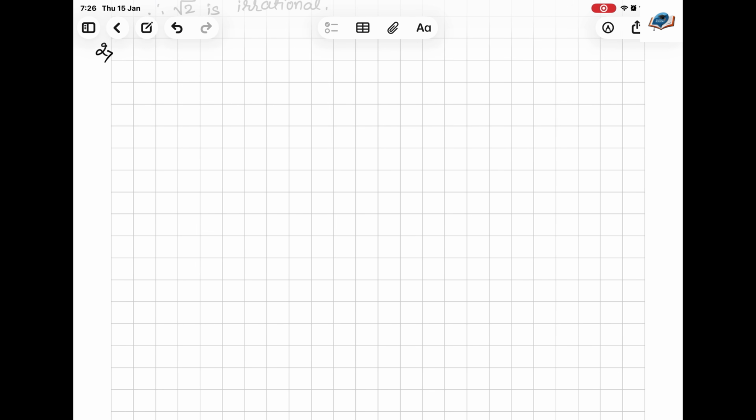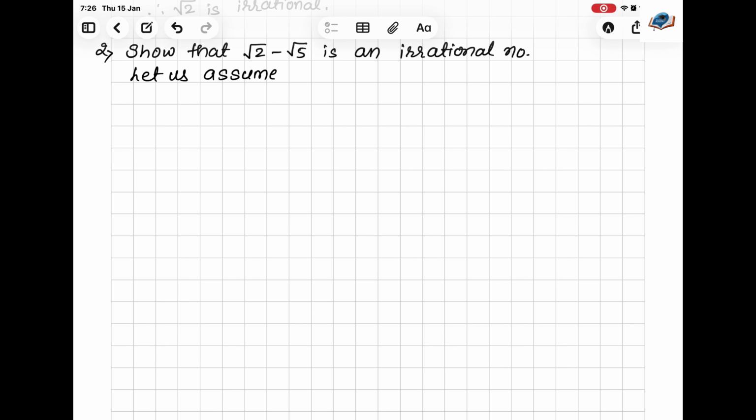Now the second question is show that root 2 minus root 5 is an irrational number. So first let us assume that root 2 minus root 5 is a rational number.